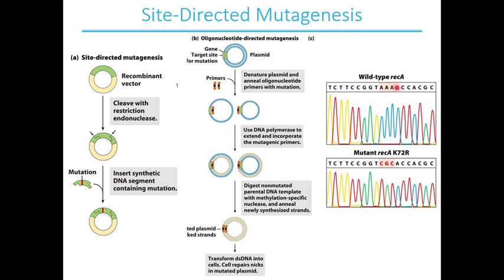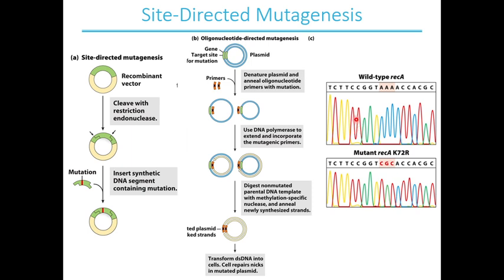Wild-type REC-A, or the normally occurring REC-A protein, has a representative sequence. The reason this region of the DNA is shown is because this codon AAA is mutated in the mutant REC-A. In this case, a lysine is mutated to an arginine. The codon that represents lysine is AAA, whereas the codon that represents arginine is CGC.